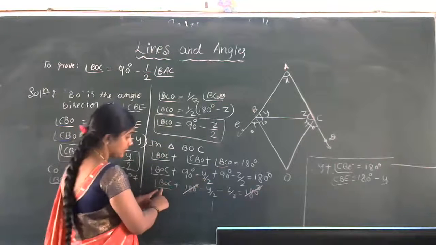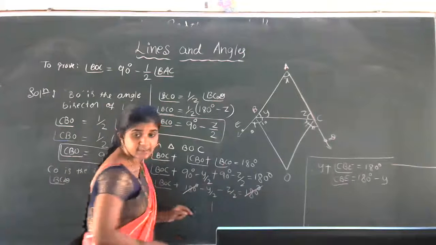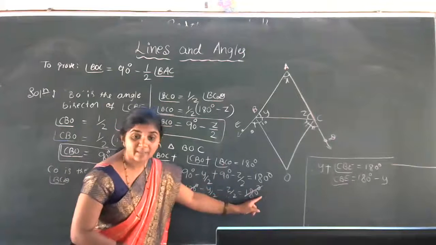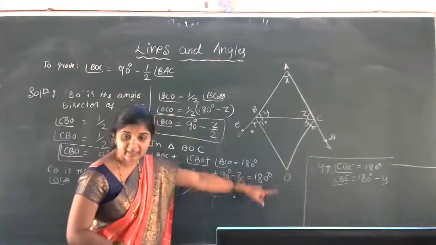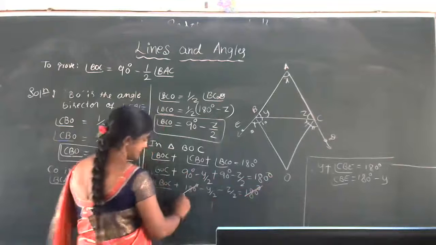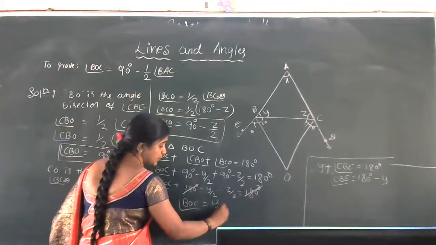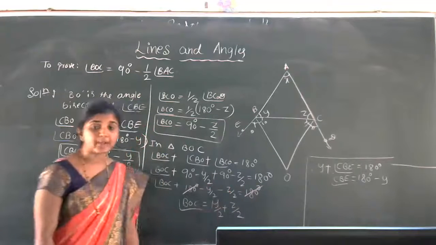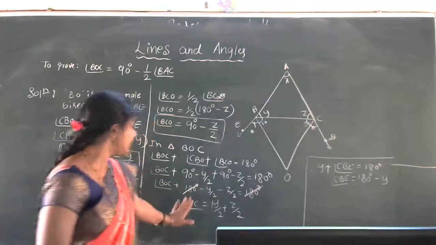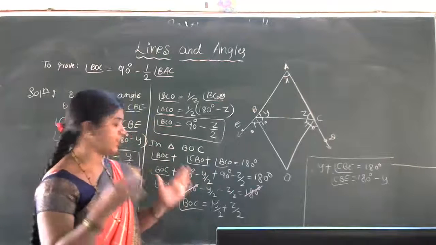This side, BOC minus y by 2 minus z by 2 is there. That side is empty, no? Can we transfer this minus y by 2 and minus z by 2 to that side? Yes. Angle BOC is equal to plus y by 2 plus z by 2. We got the result: angle BOC is equal to y by 2 plus z by 2.